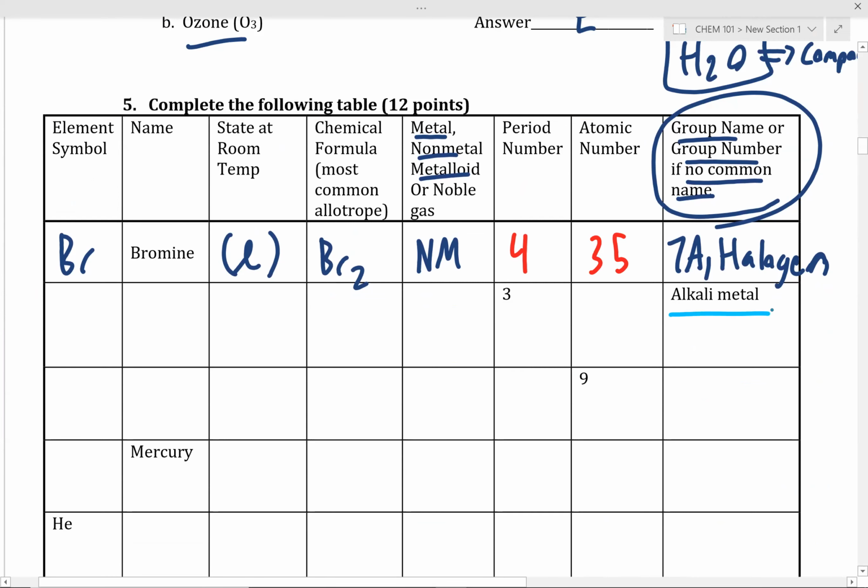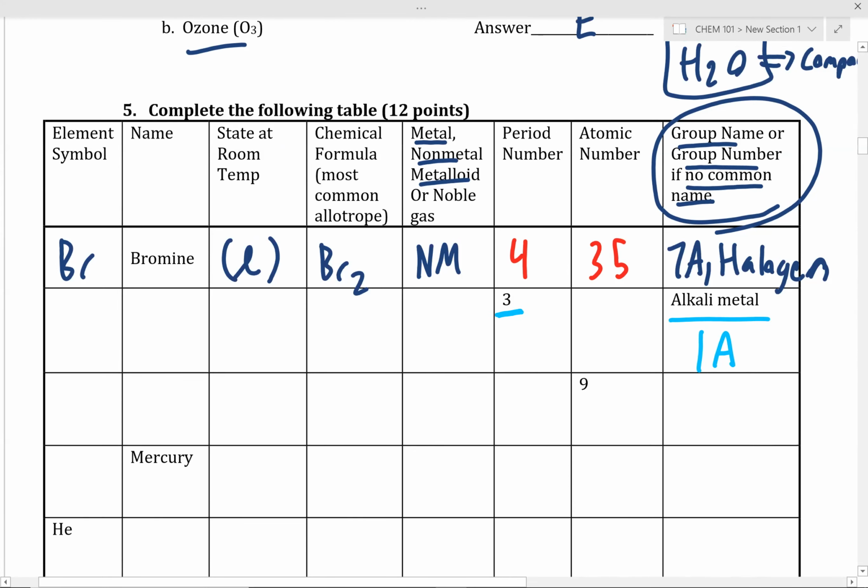So we know that it's an alkali metal and it has a period number 3. What group number are the alkali metals? Not alkaline, but alkali. 1A. Yep. Okay. So now we're ready to go to our periodic table.